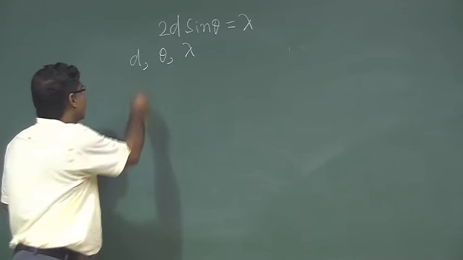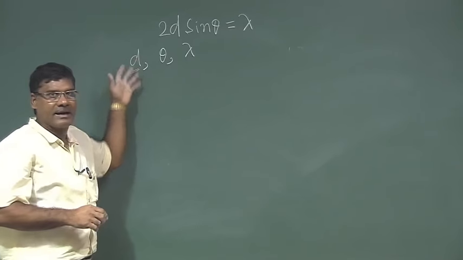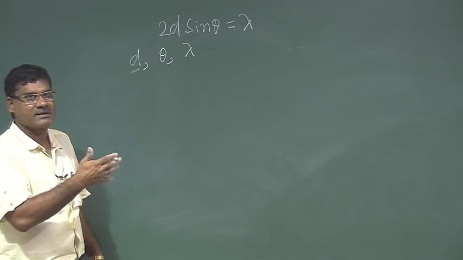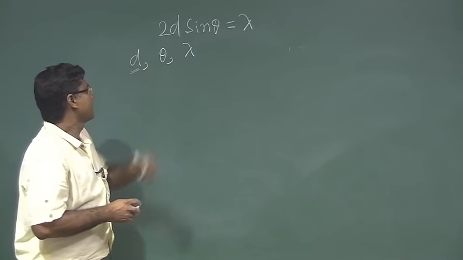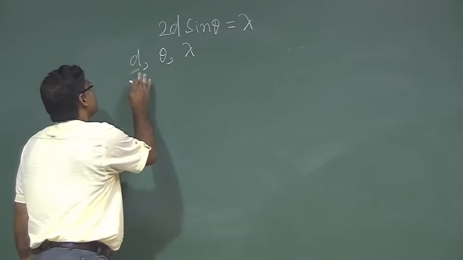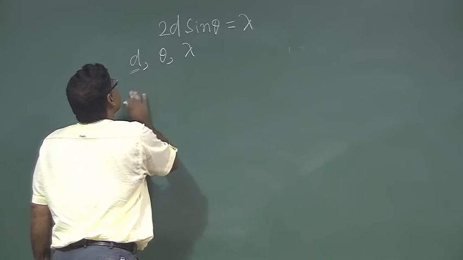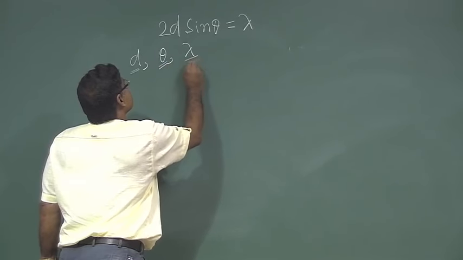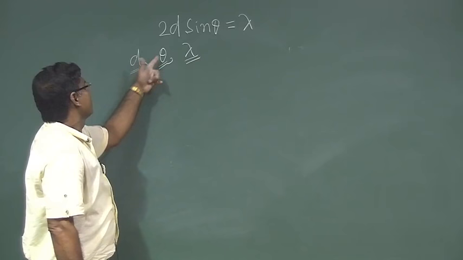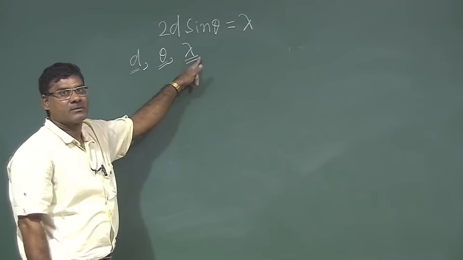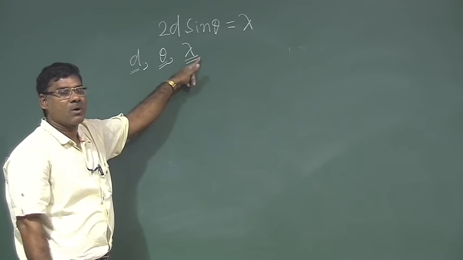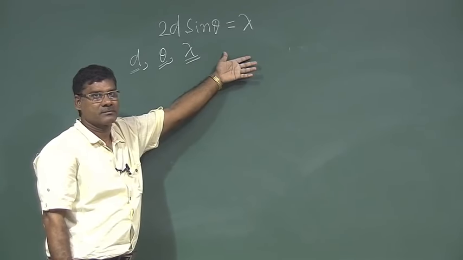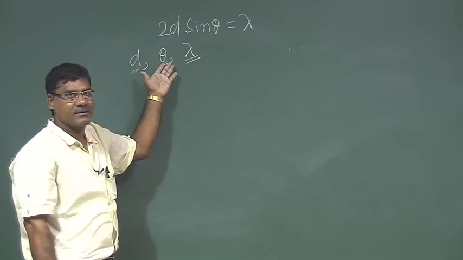Our aim is to find out this d, right, and d is again related with the lattice constants a, b, c, etc. Mainly, of these variables, one has to be varied, or one can be taken constant and the other one varied.